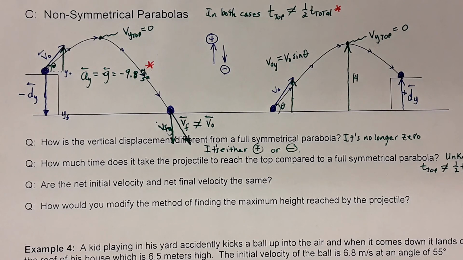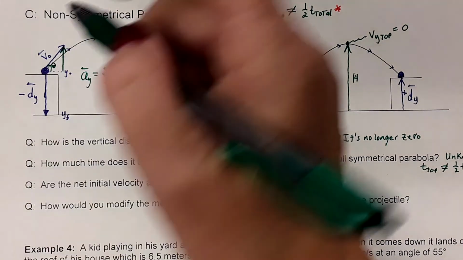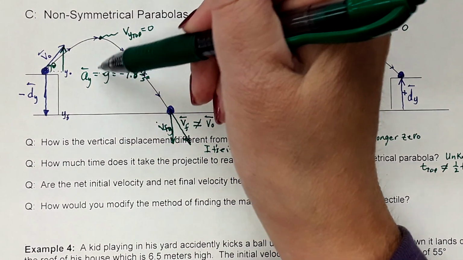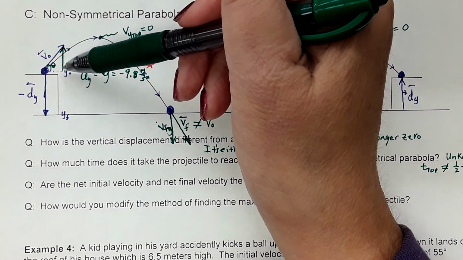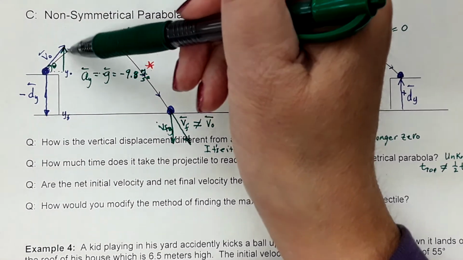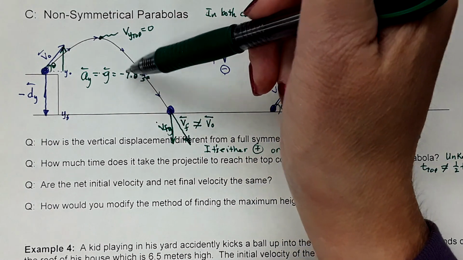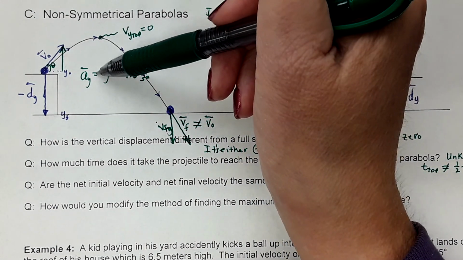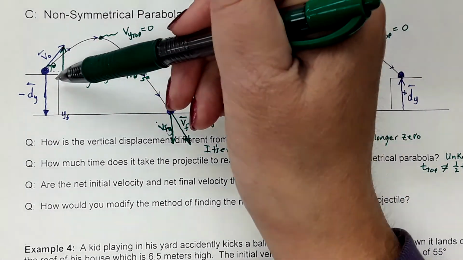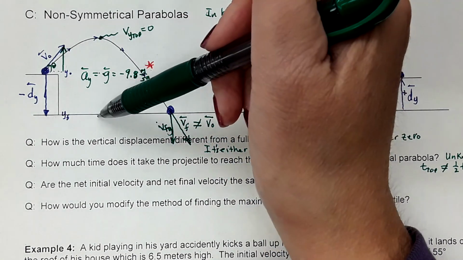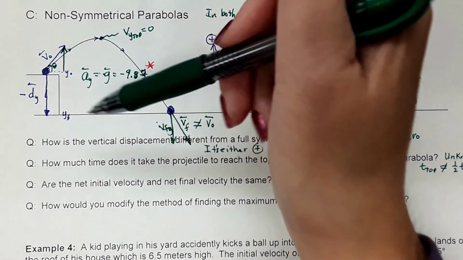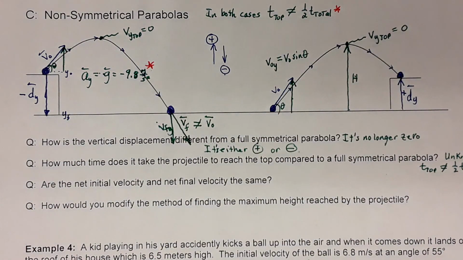But sometimes it's easier to work your way around it. For example, if we need to find out how high the ball goes from here to here, we just use the alternate equation. The alternate equation takes you from your initial velocity, decelerating to a stop at the top. You'll get this measurement here. If you know what this one is already, you just add the two together to get the total height above the ground. Kind of cool.